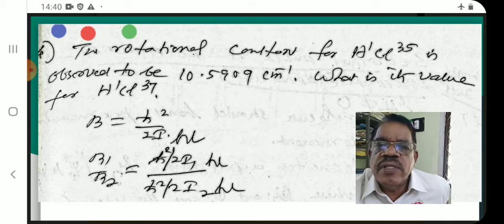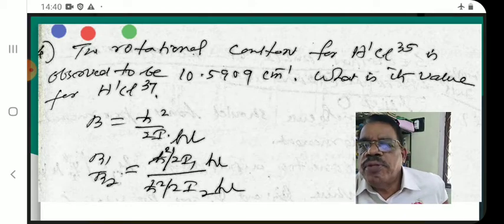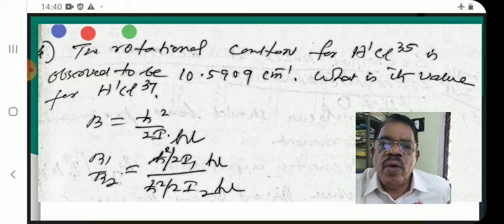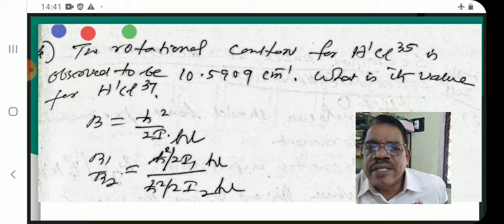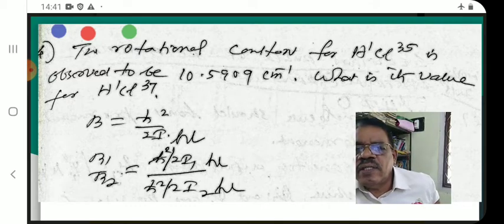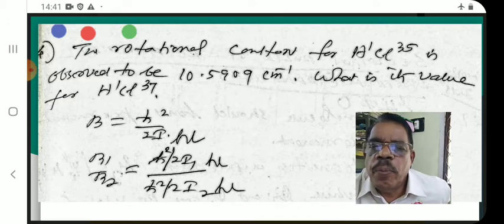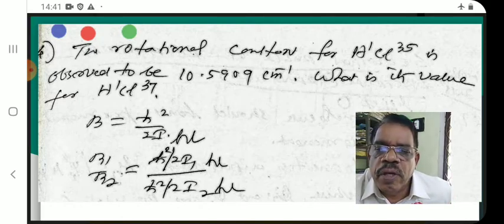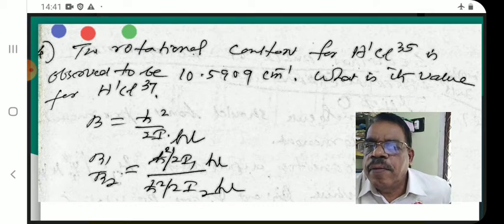Our isotopic molecule is given. The first molecule is H1Cl35. The second molecule is H1Cl37, which is an isotopic molecule of HCl.